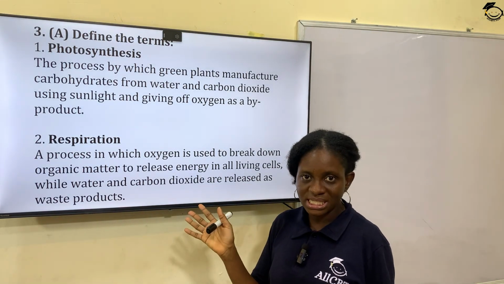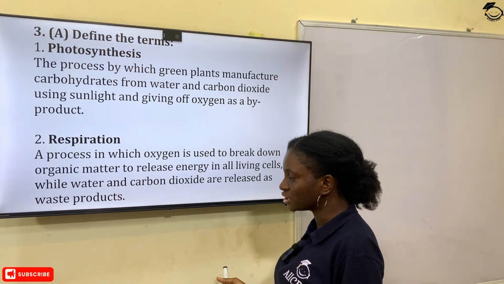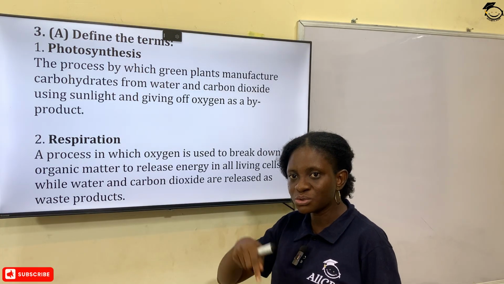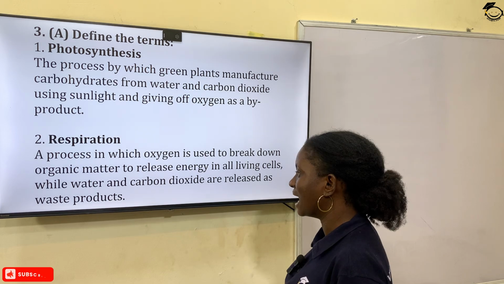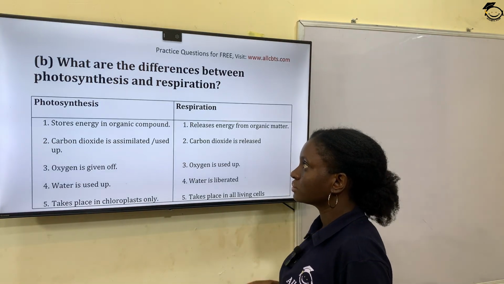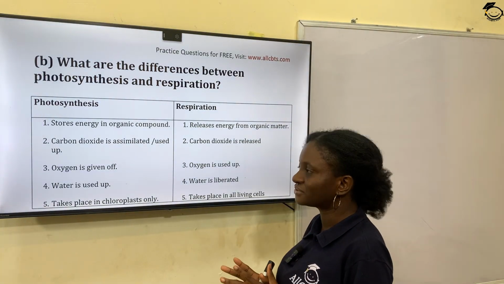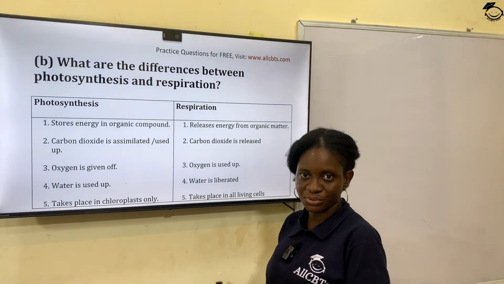For photosynthesis, oxygen is the byproduct, but for respiration, oxygen is used up while water and carbon dioxide are the waste products.